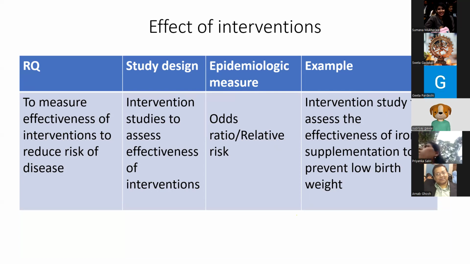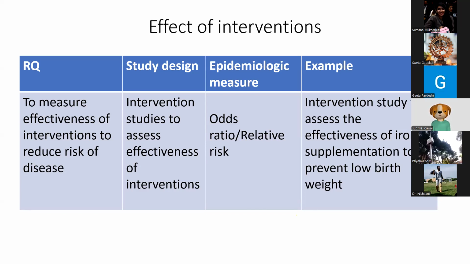The ideal, of course, gold standard is the randomized controlled trials. So again, you will calculate the incidence rates and the relative risk or the risk ratios for such kind of studies. An example of this kind of study would be an intervention study to assess the effectiveness of iron supplementation to prevent low birth weight.